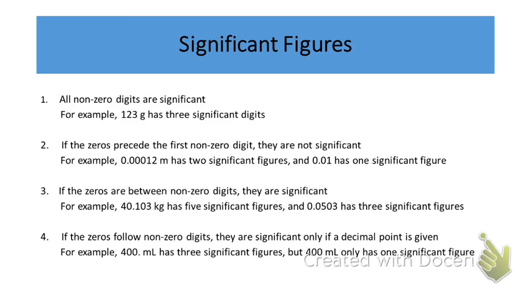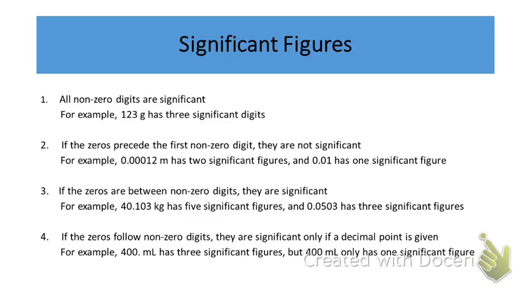Alright, so now what we're going to do is look at some specific rules for significant figures. We have to have some rules because of zeros. Zeros can give us a problem. So when we're looking at a measurement and we look at zeros, sometimes zeros in a measurement are really not significant digits.